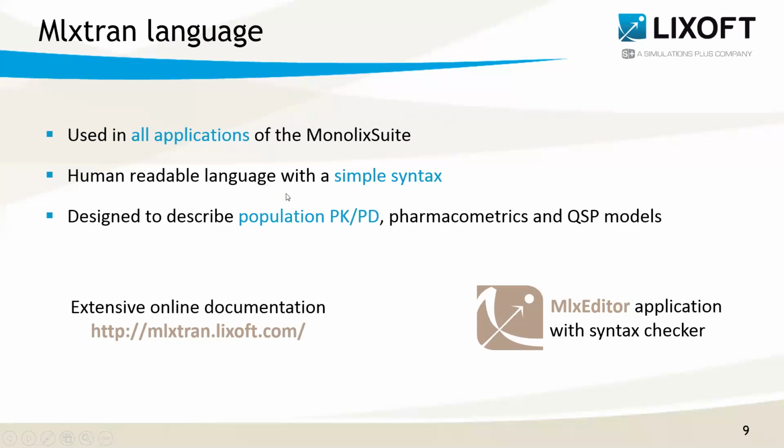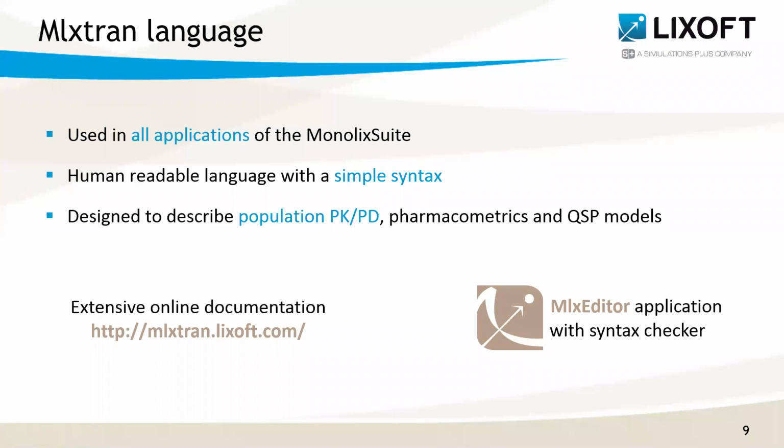It's a human-readable language with a pretty simple syntax, and it has been designed especially to describe population PK/PD and QSP types of models. We have a very extensive online documentation with many examples, and we also have the MLX editor application, which has a syntax checker so that you can quickly spot mistakes in your model.